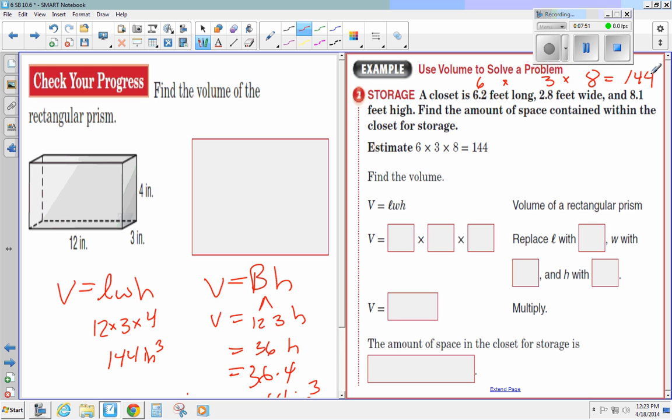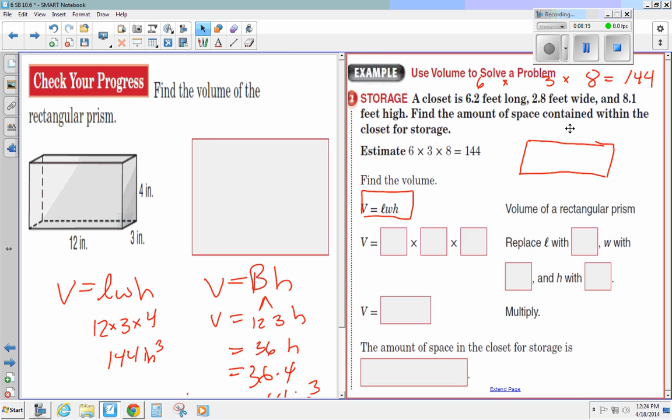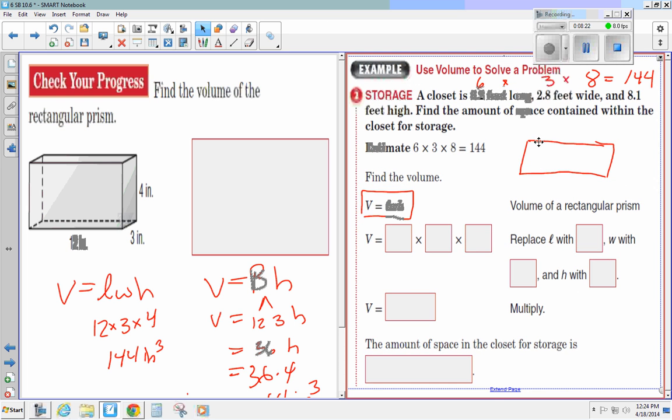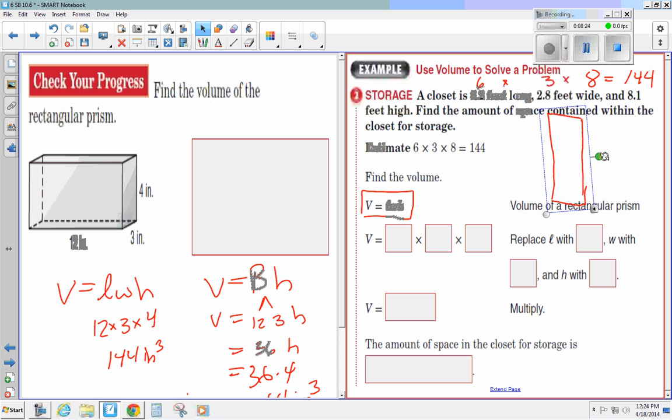So any number that we get that's close to 144, we should be happy about. So let's go ahead and find this volume with LWH. Well, let's draw a picture of a closet. Well, that closet really should get rotated a little bit.